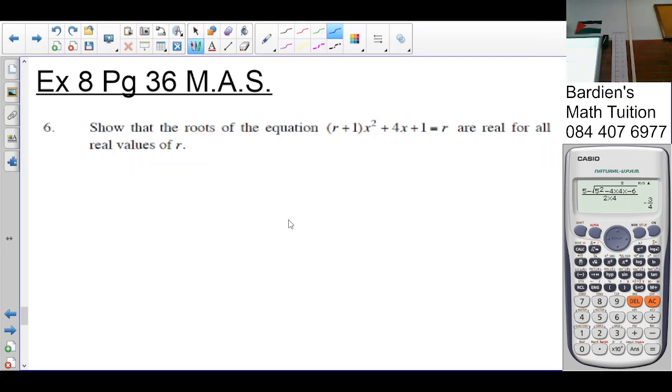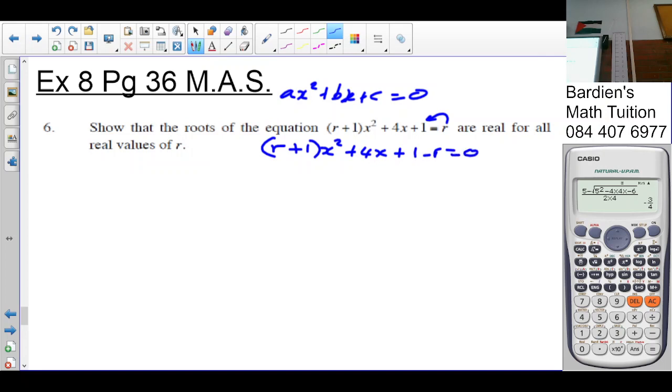First question, is this in the form of ax squared plus bx plus c? Is that equation in standard form? No. We must bring that r over. It is (r plus 1)x squared plus 4x plus 1 minus r is equal to 0. Now is it in standard form? Yes.